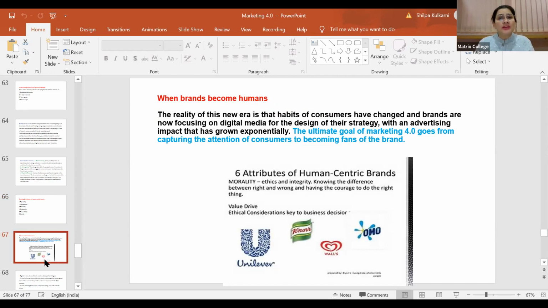The evolution of marketing has gone from focusing on the products, marketing 1.0, which you studied, to the consumers, marketing 2.0, which evolved, right? And then came marketing 3.0, emotions. And now with marketing 4.0, it needs to be more human, more transparent, more coherent in order to relate to their clienteles as equals.